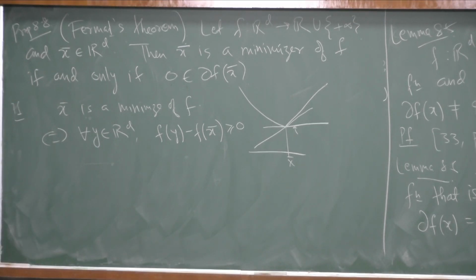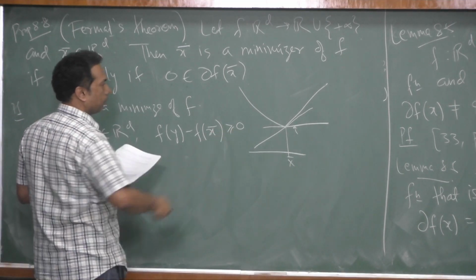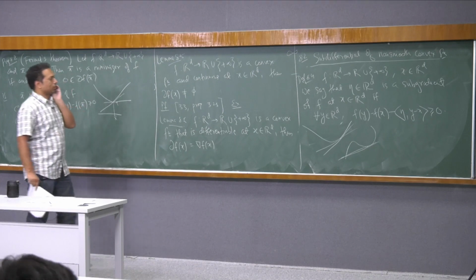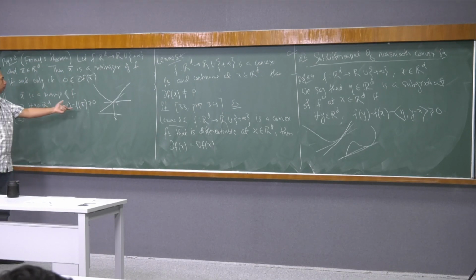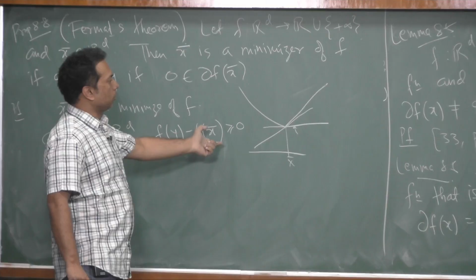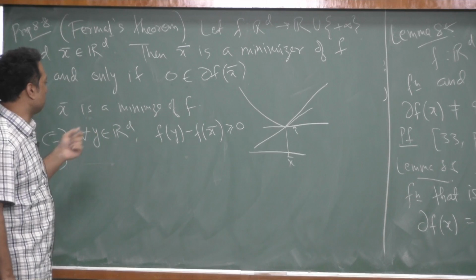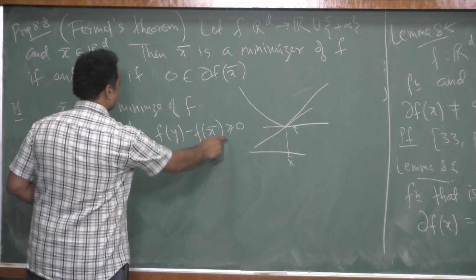So for any other point y, it must be greater than or equal to f(x bar), and this is equivalent to the subgradient inequality with eta 0. Because it will satisfy the inequality with eta 0, I will just plug in minus 0 times y minus x bar.